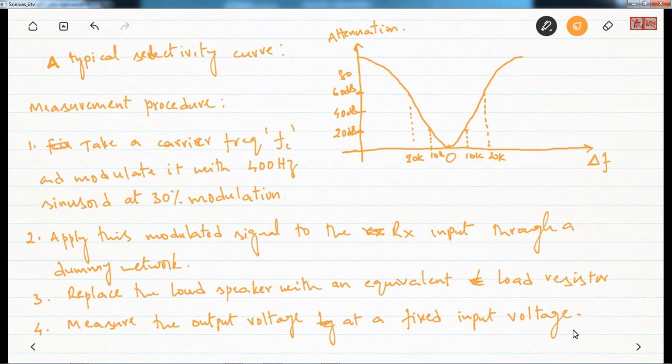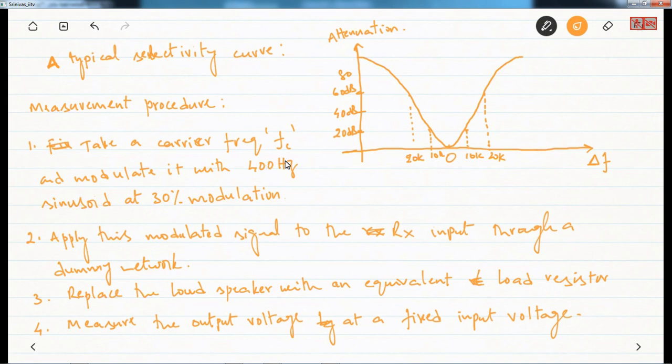You keep the input voltage fixed at some voltage, preferably in the range of its sensitivity, and then measure the output voltage. So you applied a modulated carrier signal at FC, kept the input voltage constant, and measured the output voltage. Note that down.